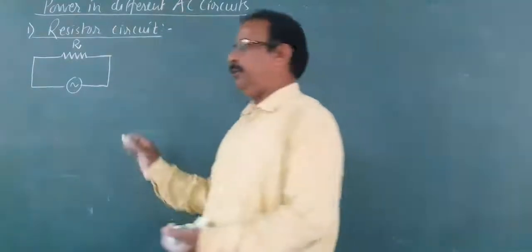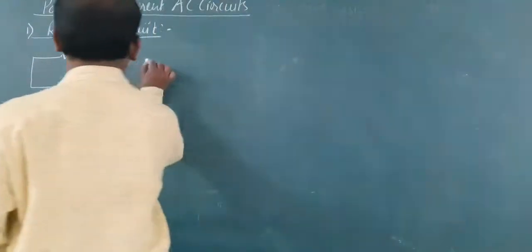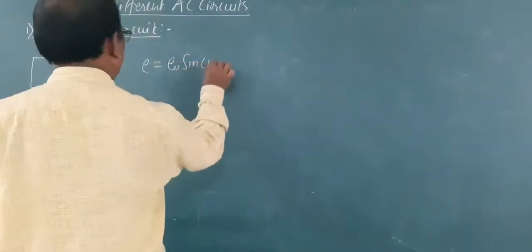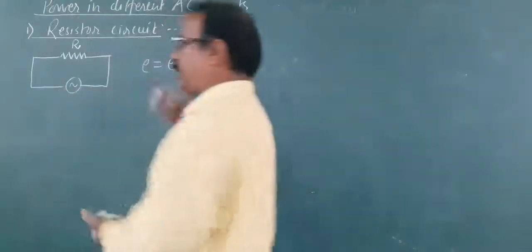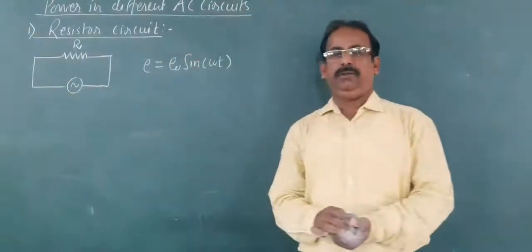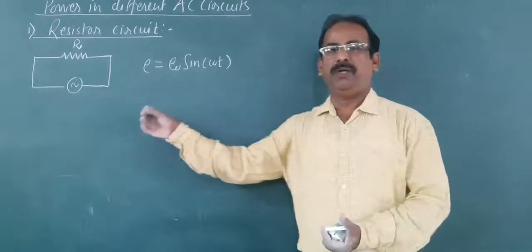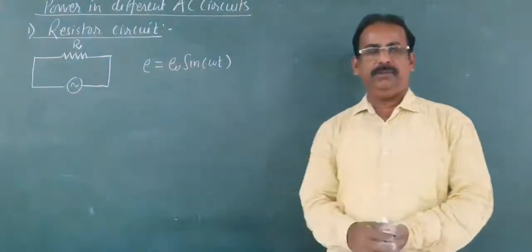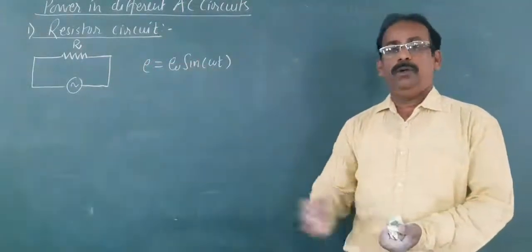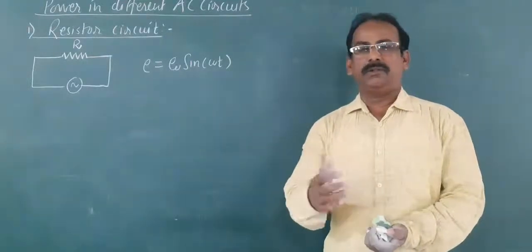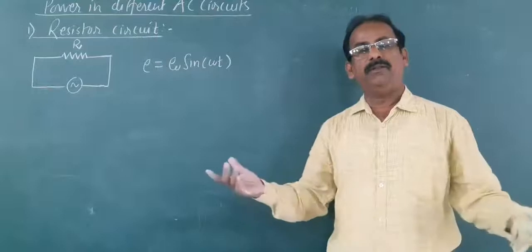Consider that the instantaneous value of EMF that we get from the source is equal to E0 sine omega t. This is the instantaneous value of EMF that we get from this source. In resistor circuit, we have seen that current and EMF both are in same phase.